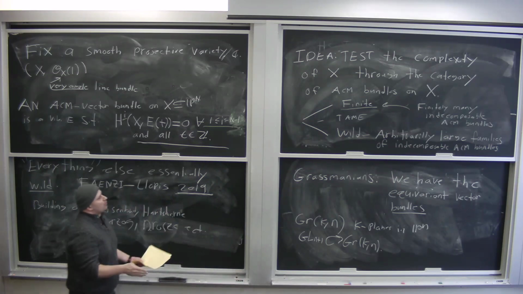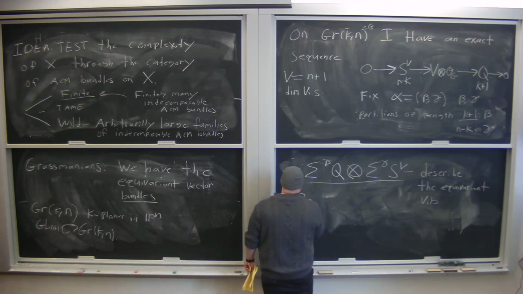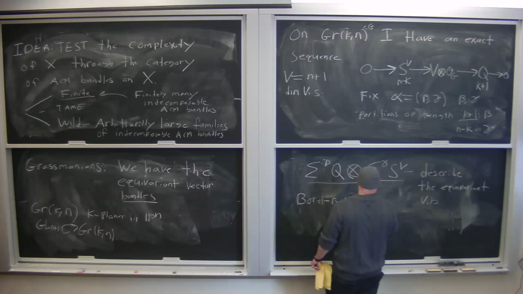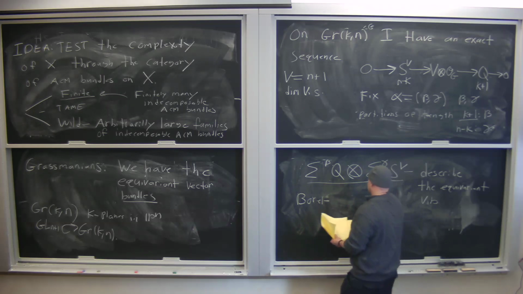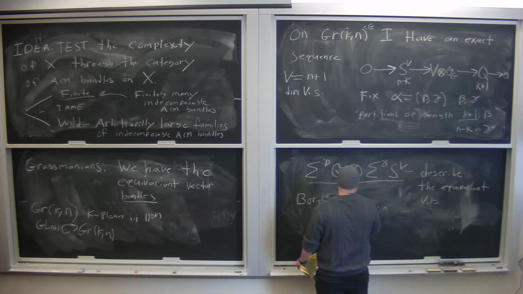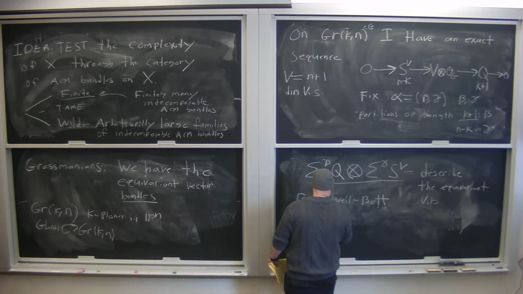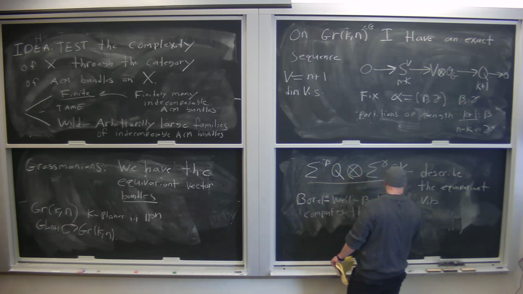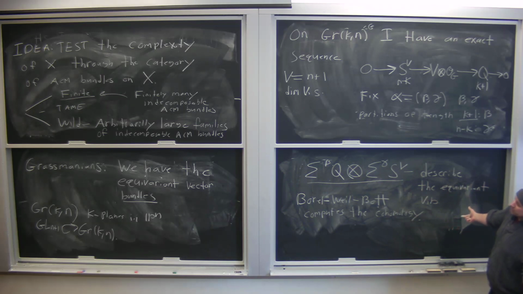How do I compute the cohomology of something like this? I have to use Borel-Weil-Bott. Let's write it the way Borel will. So this computes the cohomology.